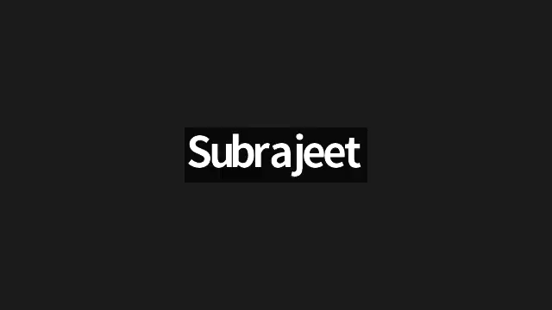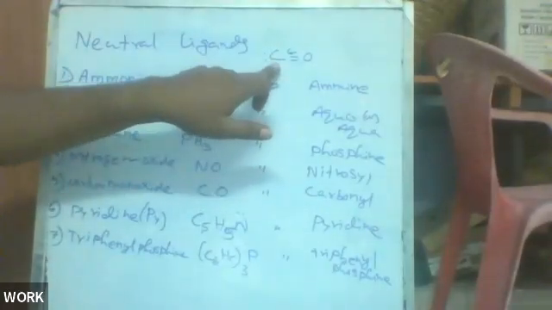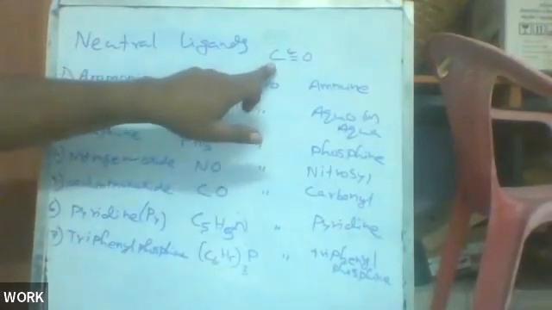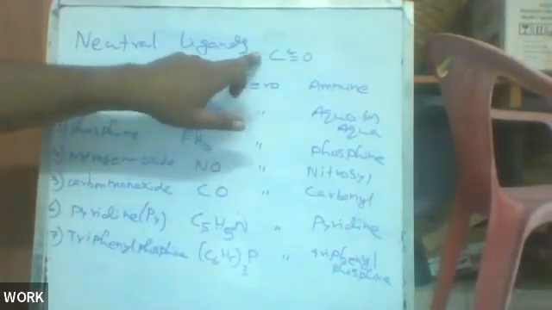Oxygen will have positive charge, no, sir? So how can it become neutral? See, that oxygen can donate the 2 electrons to the carbon, so it becomes electron rich.